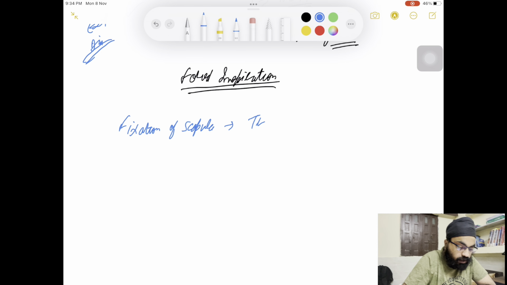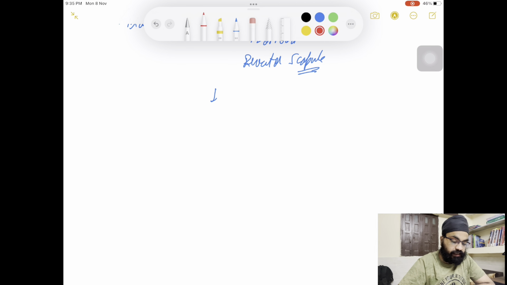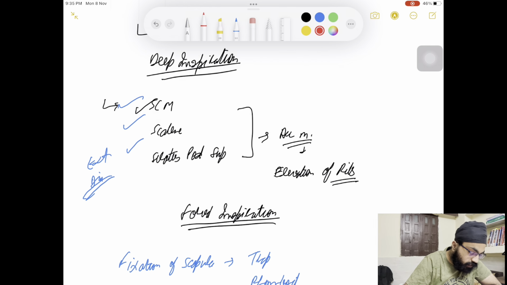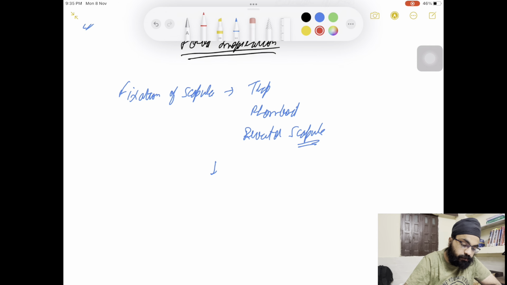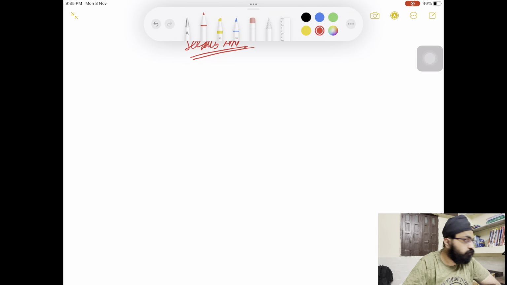For fixation of scapula, you need certain muscles, that is the traps, rhomboid, and levator scapulae. Then you need certain more muscles to elevate the ribs further. These are again the ones that were used for quiet inspiration. Apart from that, you have another one, that is serratus anterior. That is the main additional muscle that you need over here.